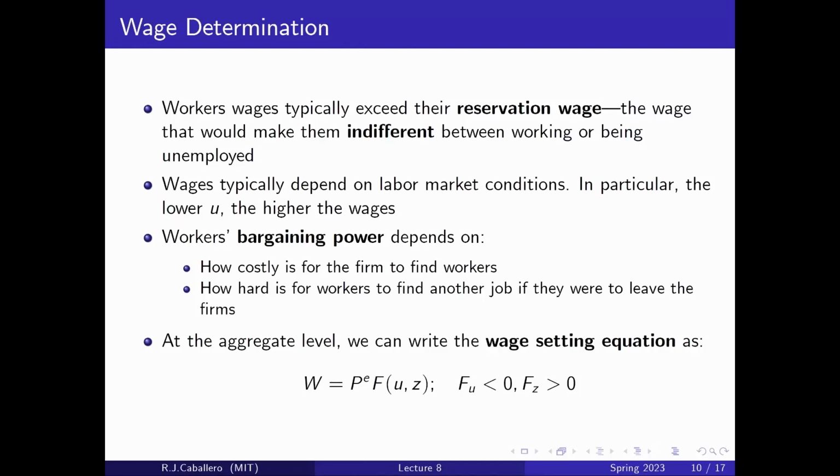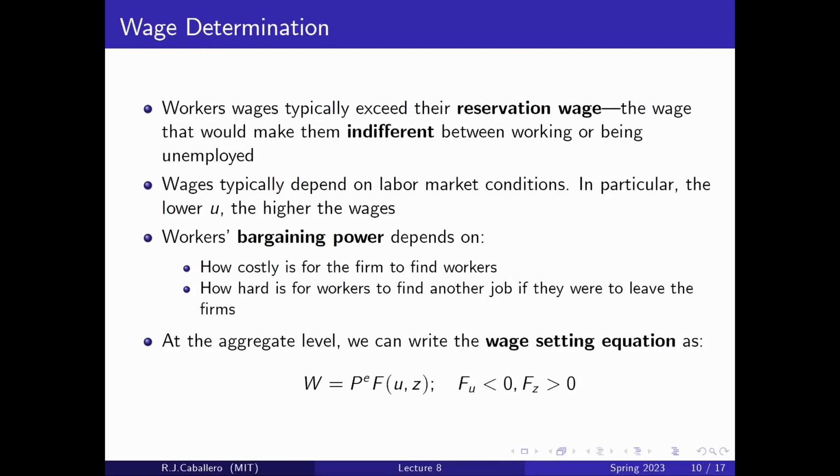So naturally, if they expect a higher price level in the future, they're going to demand a higher nominal wage today. And then we said that's a function that is also going to be decreasing in the level of unemployment, because obviously that weakens bargaining power for workers, or makes becoming unemployed or not having a job more costly, because it's very difficult to exit out of unemployment.